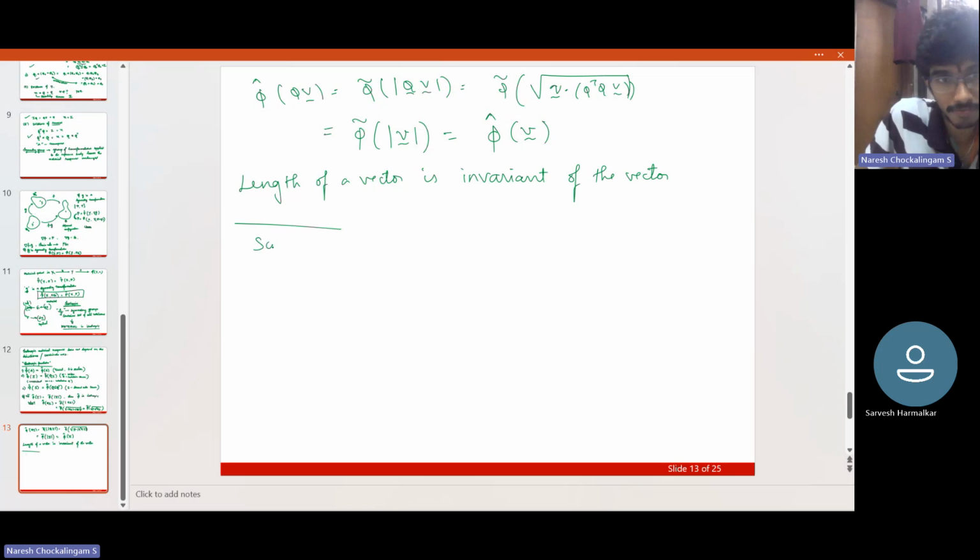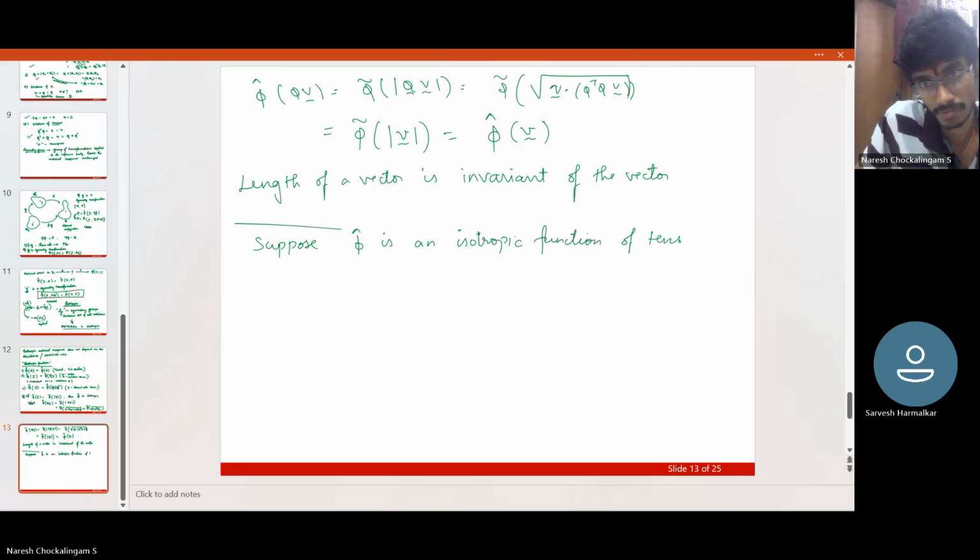Similarly, for a tensor, now suppose phi is an isotropic function of a tensor. Let S be the tensor, and I1, I2, I3 be the invariants of the tensor.